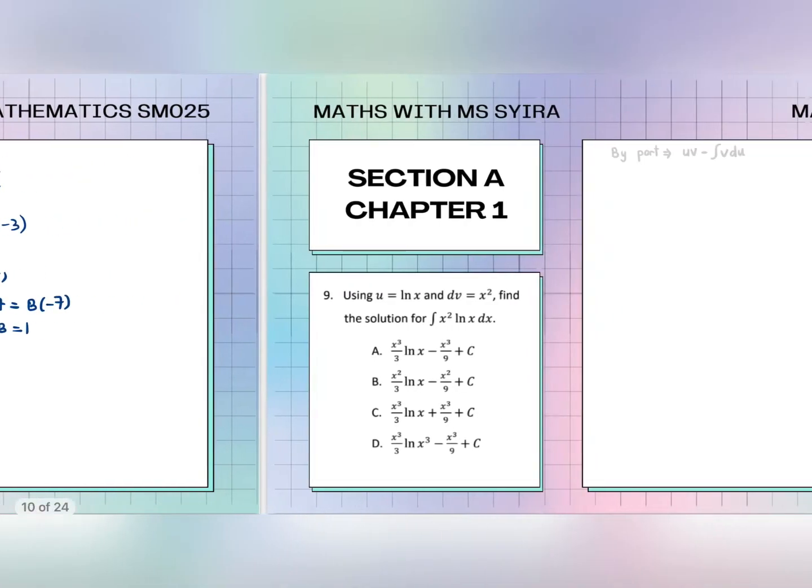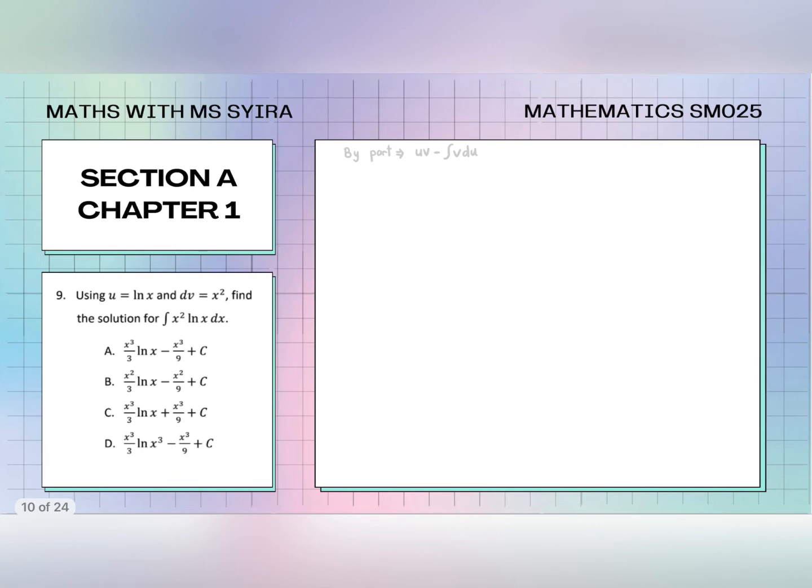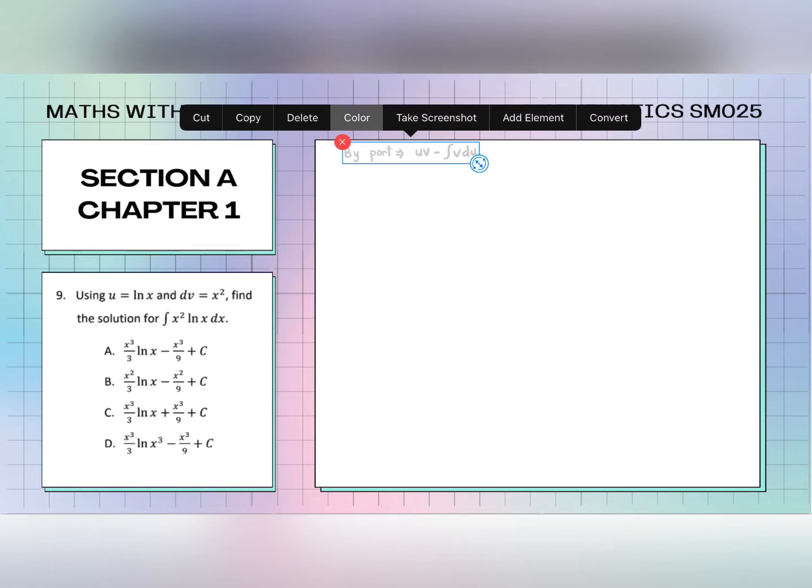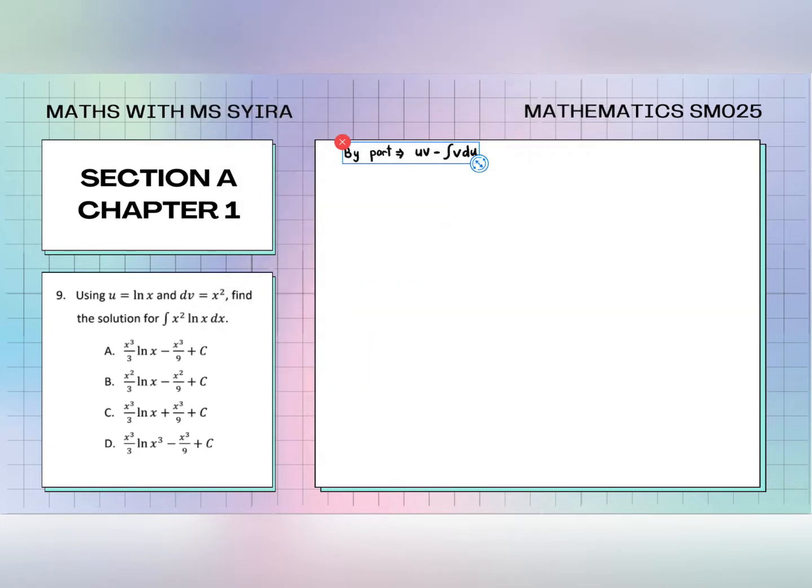Okay. Now, question number 9. Using u equals ln x and dv equals x square. This involves integration by parts. So we need to remember what the formula is: uv minus the integral of v du. So what should we do with u?